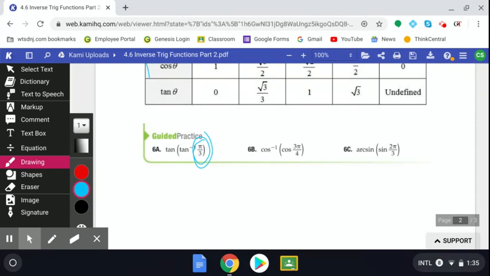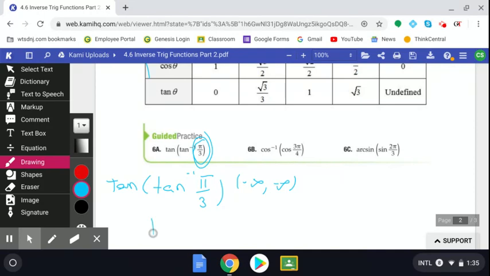For them to be inverses and equal x, then I need to make sure that, if you remember from the other chart that we looked at, you should know that for tangent of inverse tangent of pi over 3, pi over 3 is going to have to be between negative infinity and positive infinity, which it is.